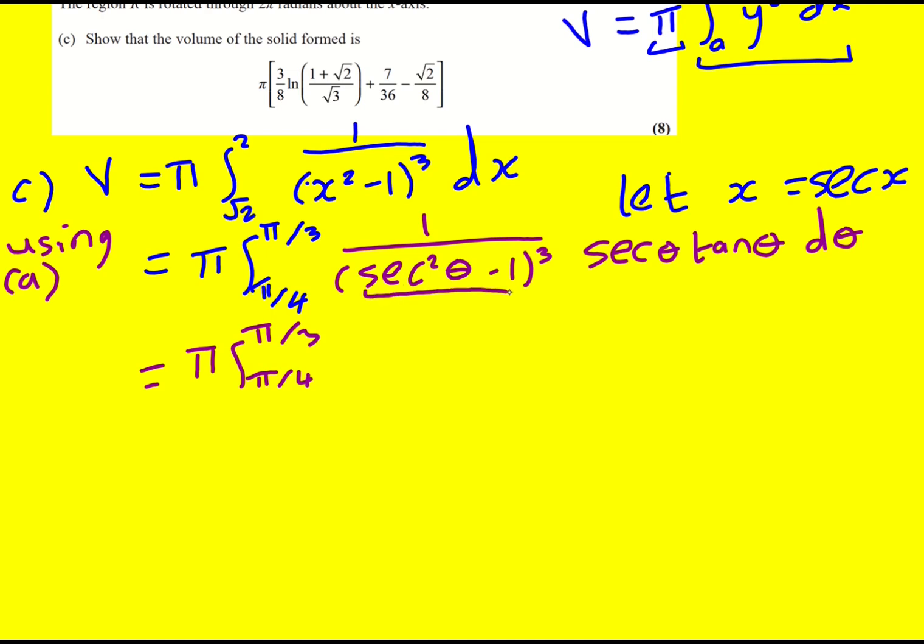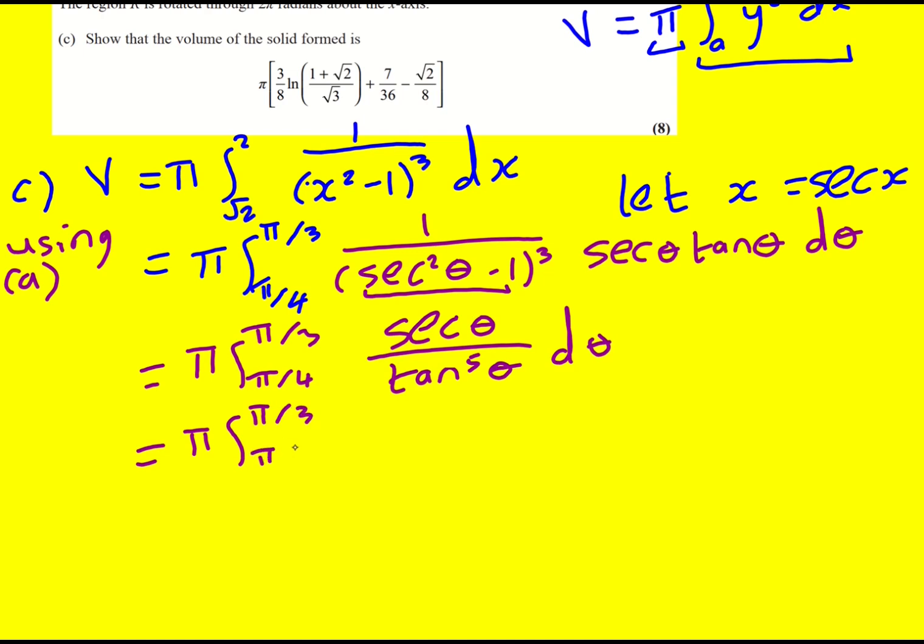Remember, this bit here was actually tan squared, so it's going to be 1 over tan to the power of 6. So I'm going to get sec theta over tan to the power of 5 theta d theta, which I can then write as pi, pi over 3, pi over 4, sec theta cot to the power of 5 theta.